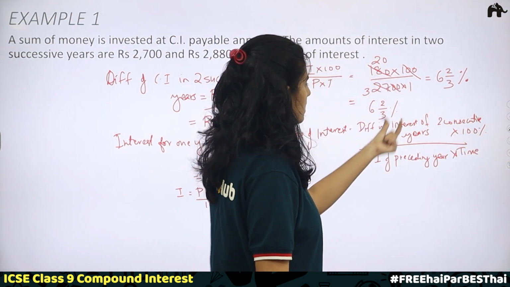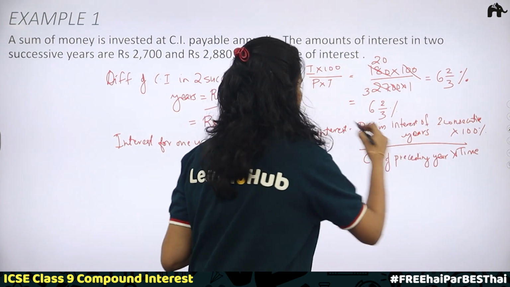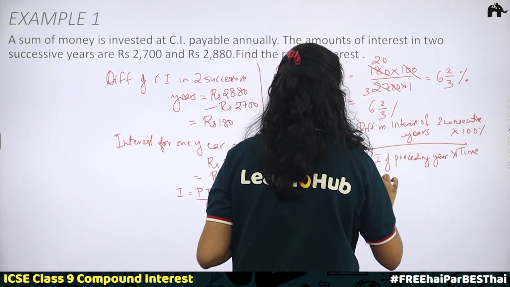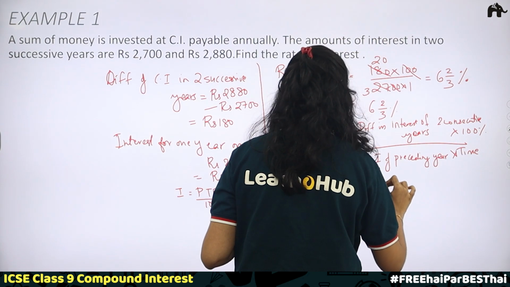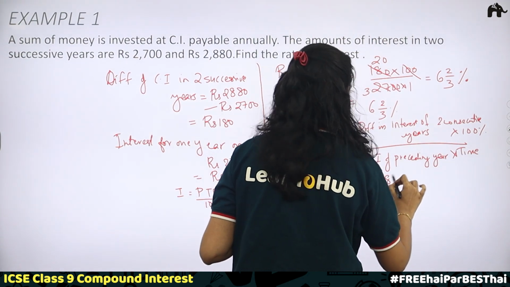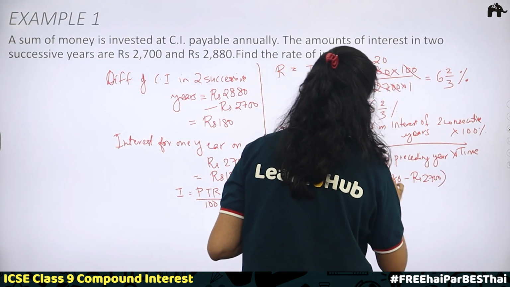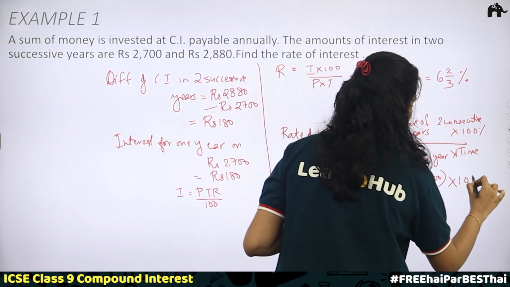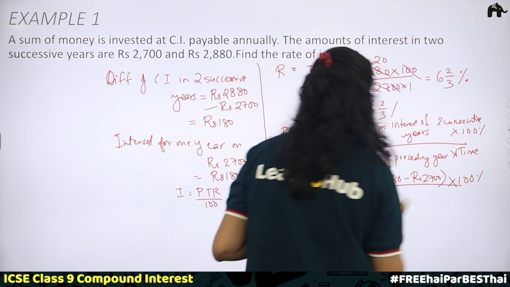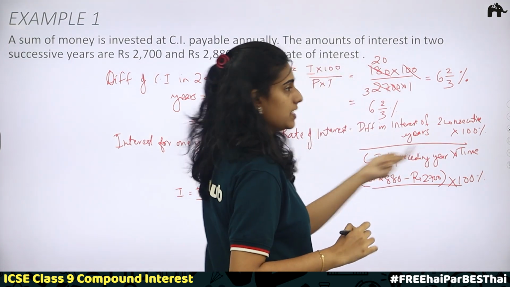So here the difference in interest of 2 consecutive years is equal to rupees 2880 minus rupees 2700 into 100% divided by the compound interest of the preceding year.